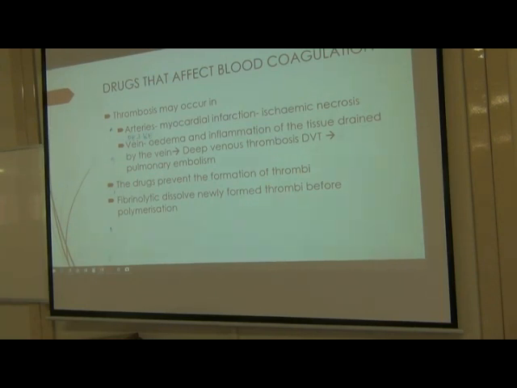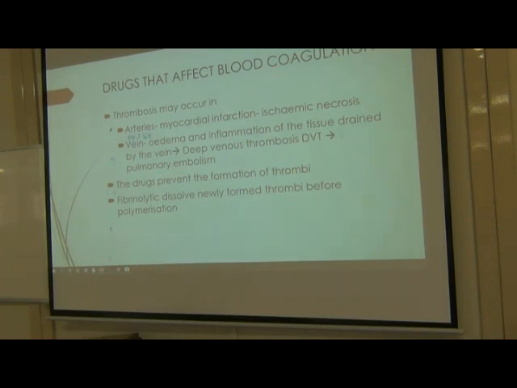So thrombosis can occur either in the arteries or in the veins. In the arteries, you will find your myocardial infarction, which is ischemic necrosis, which means there is not enough blood supply. And it could occur in the vein.